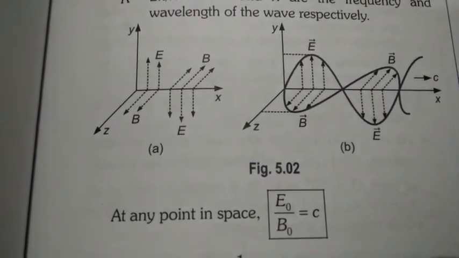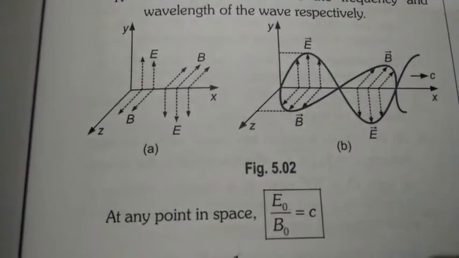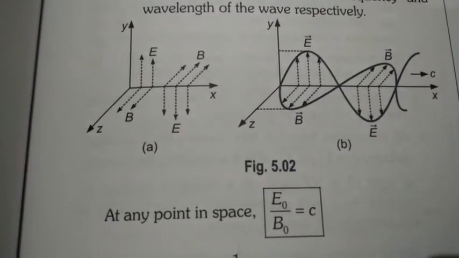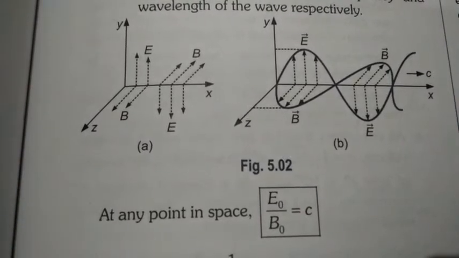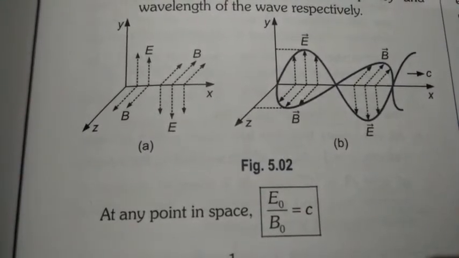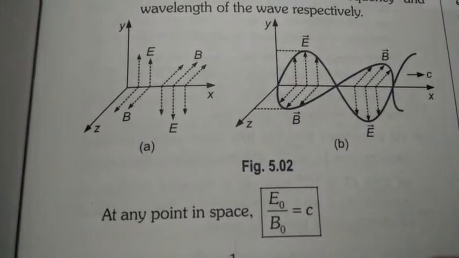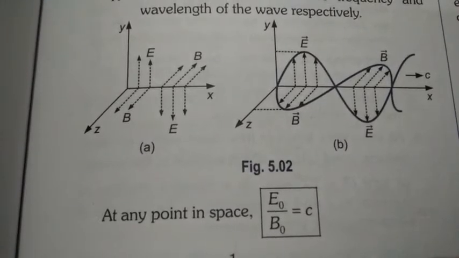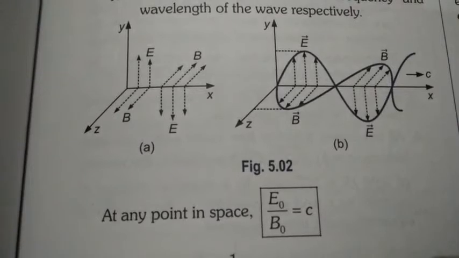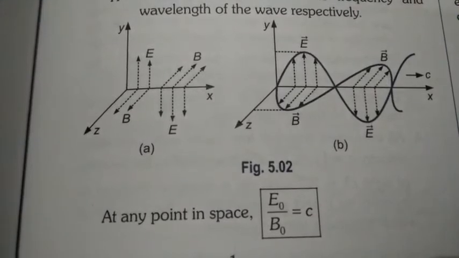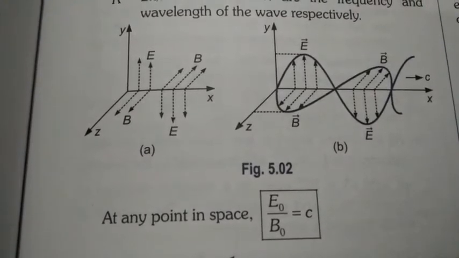Suppose electromagnetic waves are propagating in the x-axis, as you can see in this figure, so the electric field will be in the y-axis and magnetic field will be in the z-axis. So by this representation you can understand that all these three things are perpendicular to each other.